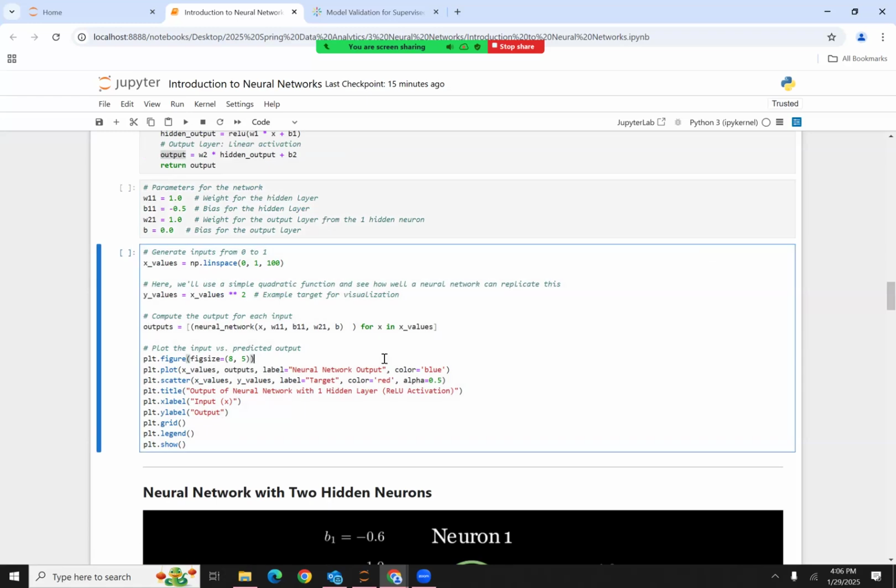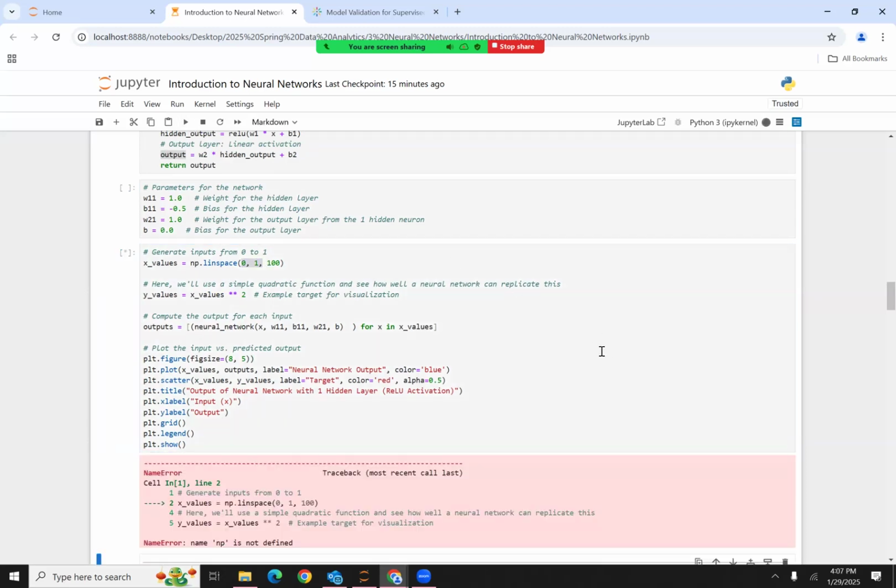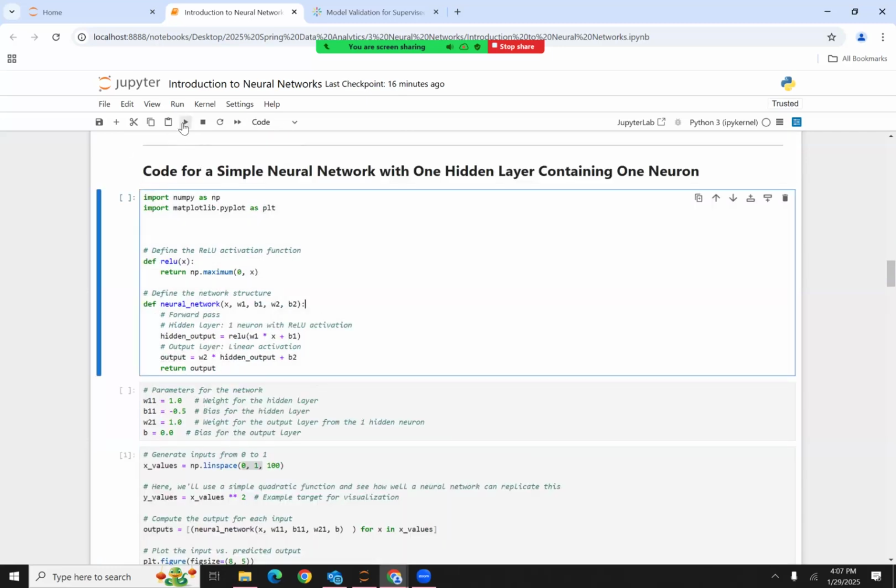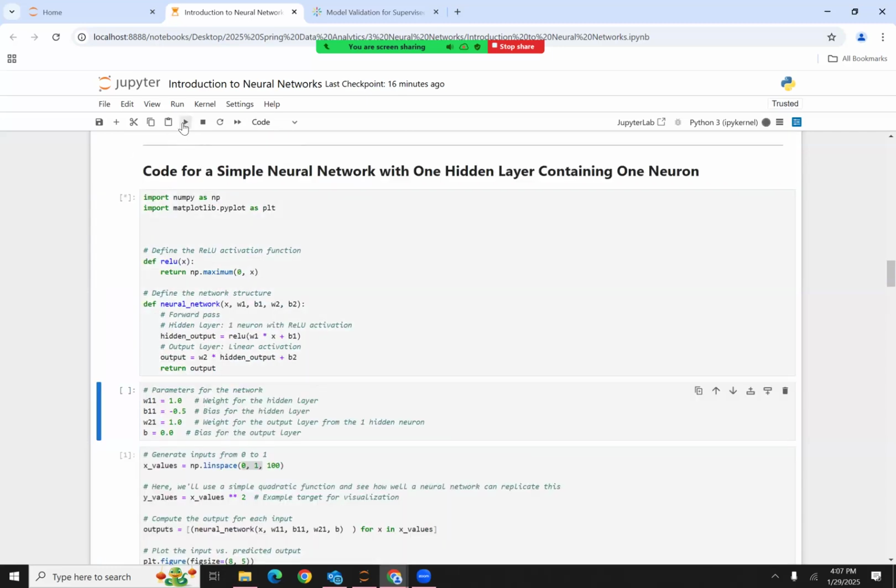What we're going to do now is run this neural network, and plot the output of this neural network for different values of input ranging between 0 and 1. When we do that, I should have first started with all of the other cells.